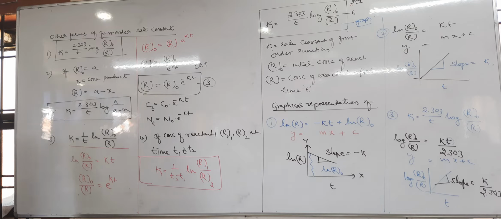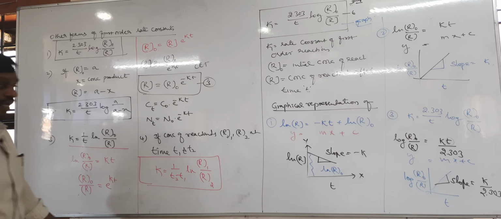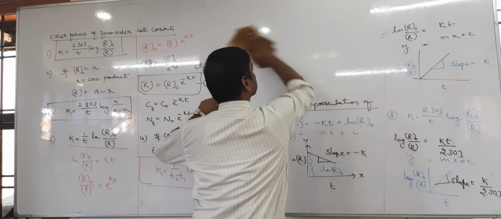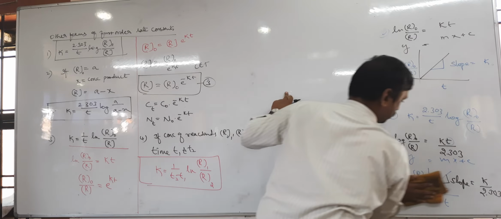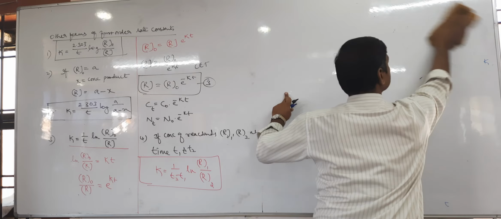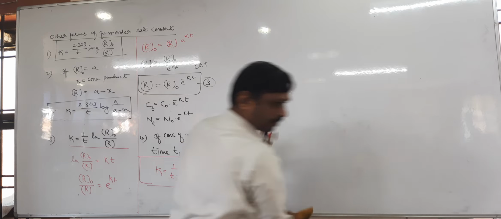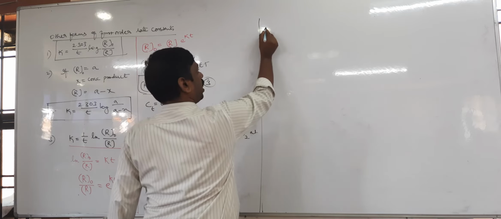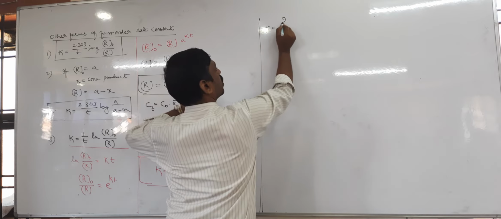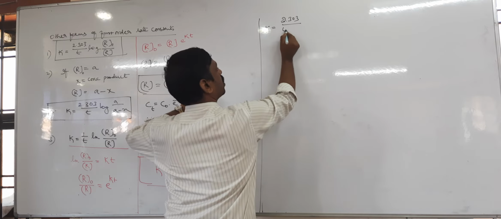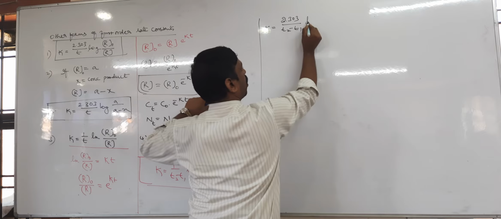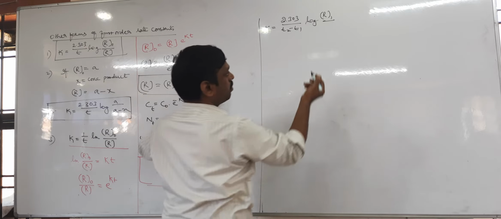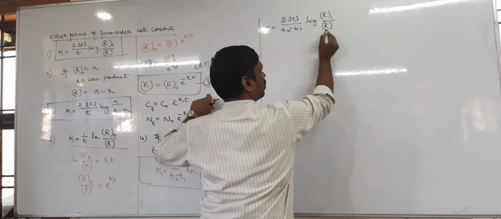And one more, in the form of log base 10: K equals 2.303 by T2 minus T1 log R1 by R2, where R1 is the concentration of reactant at time T1 and R2 at time T2.